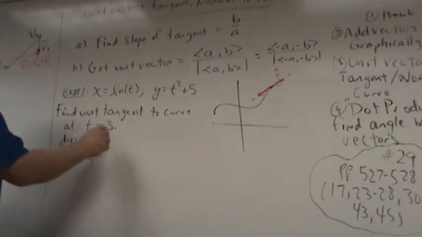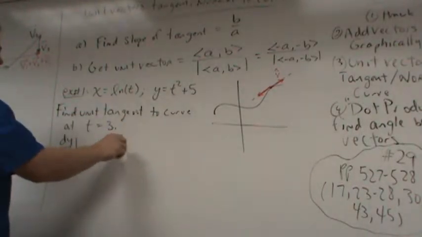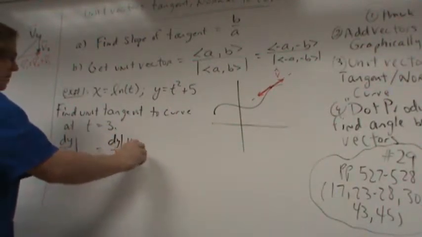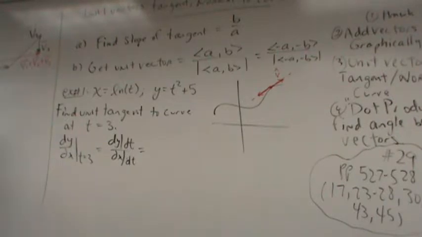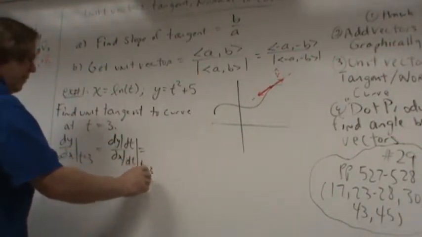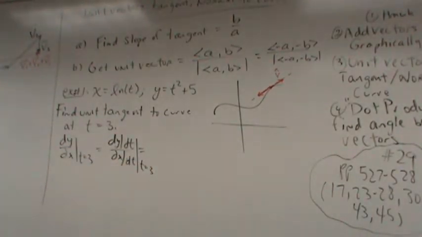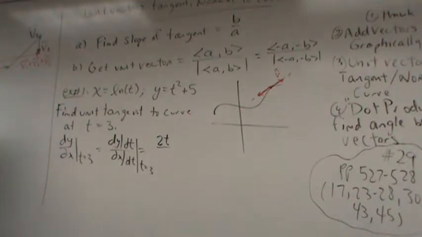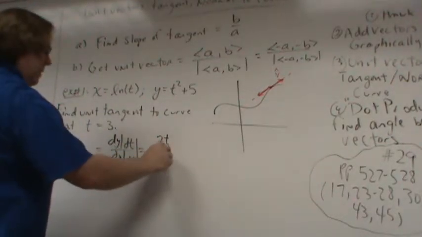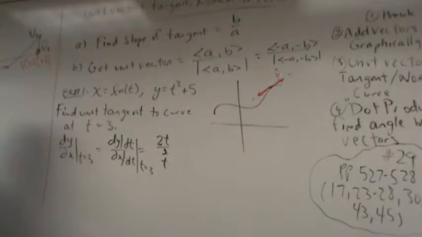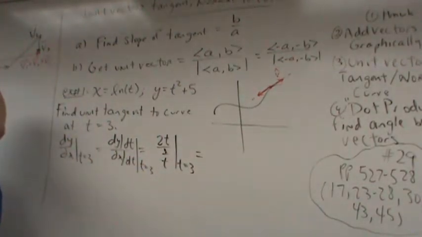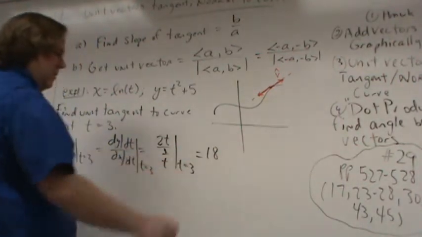But we know that when we're dealing with parametric curves, that's the same as dy dt over dx dt, evaluated at t equal 3. And so dy dt is 2t, dx dt is 1 over t, and then I plug in 3, and I end up with 6 over 1 over 3, which is 18.